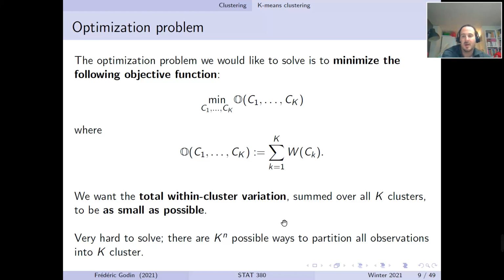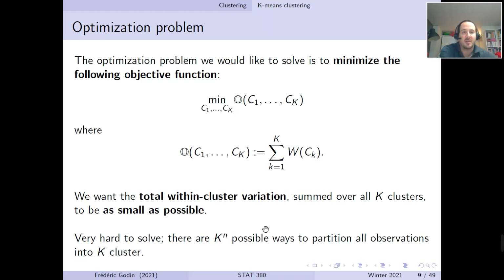For example, if each observation can be in cluster 1, 2, 3 until capital K, then there are K to the power n possible ways to assign the various observations into the clusters. Each observation has K possible choices of cluster, and since there are n observations, there are K to the power n possible assignments to the various clusters.